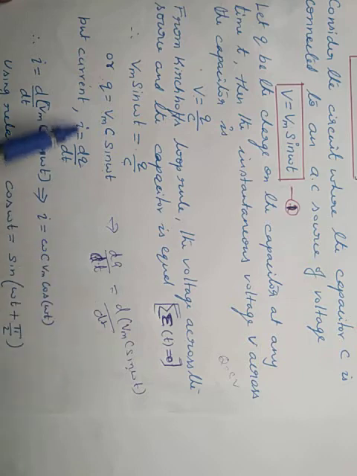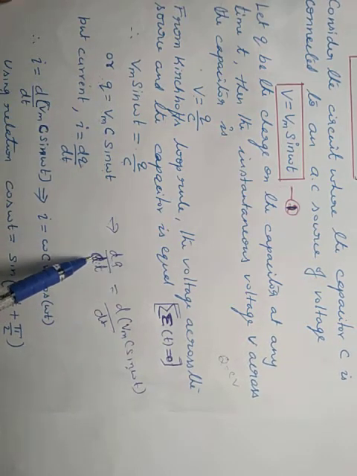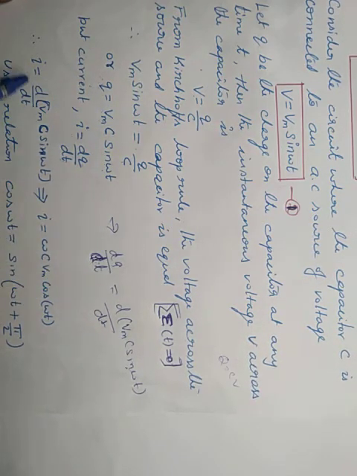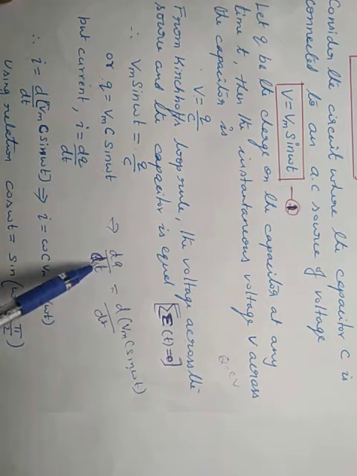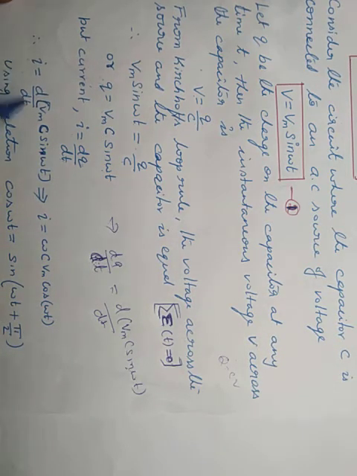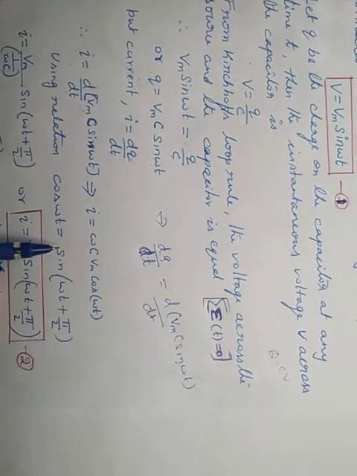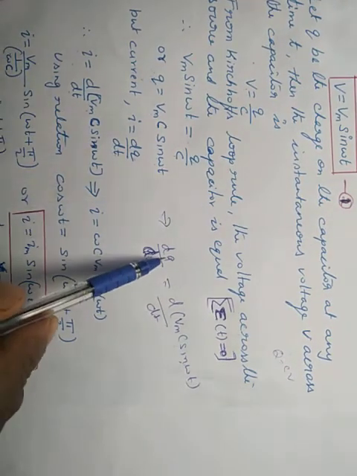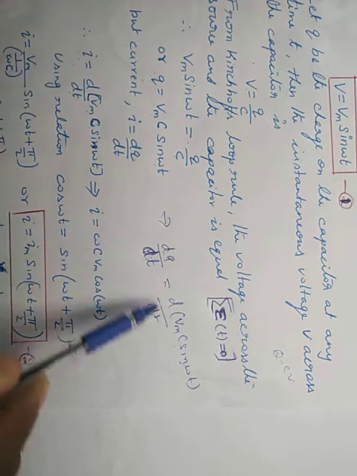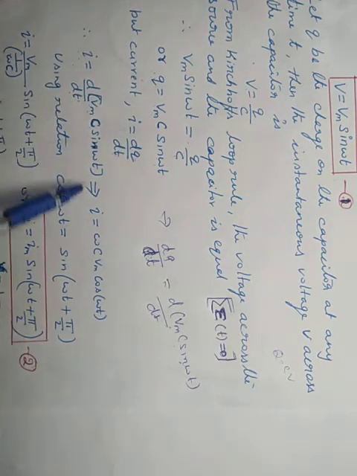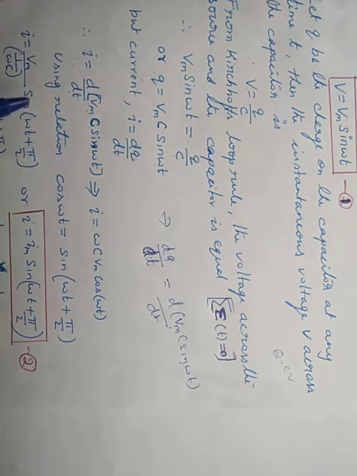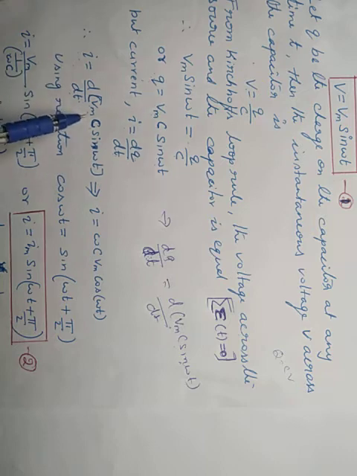But what is dq by dt? dq by dt is nothing but the current I. Then we have the term d by dt of Vm C sin omega t. Now you have to differentiate this term.